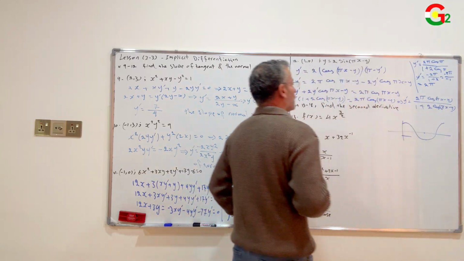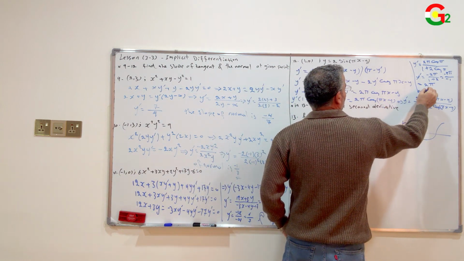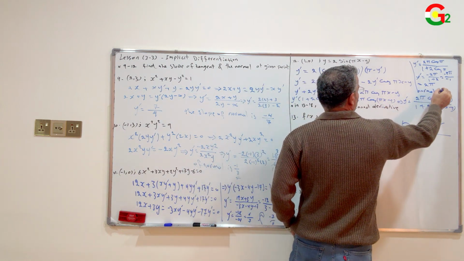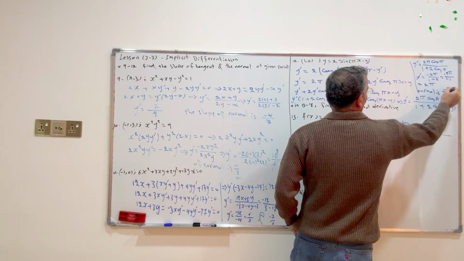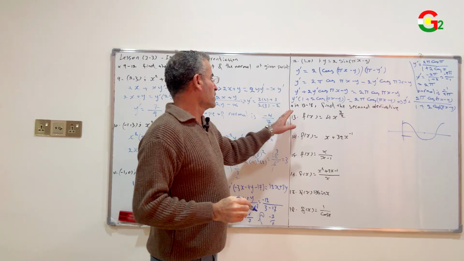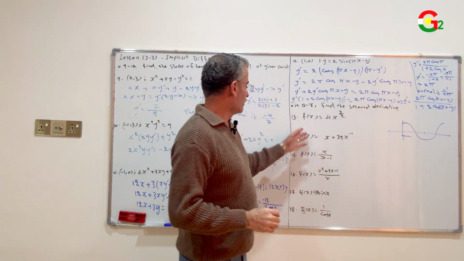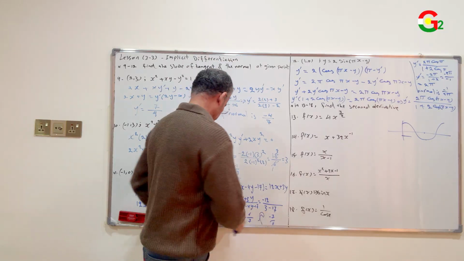This is the slope of the tangent line. And for the normal is negative 1 over 2 pi. Question number 13 to 18, find the second derivative of the given function.